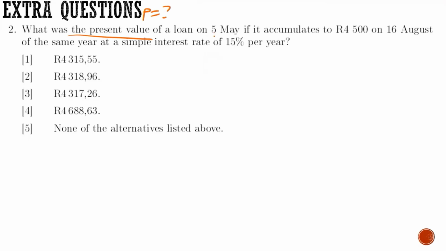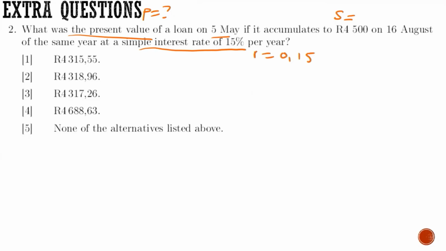On 5th of May, if it accumulates to 5,000, this is your future value, on the 16th of August, the future time of the same year, if the simple interest rate is 15%. So this is a simple interest. Now your R is equal to 0.15.